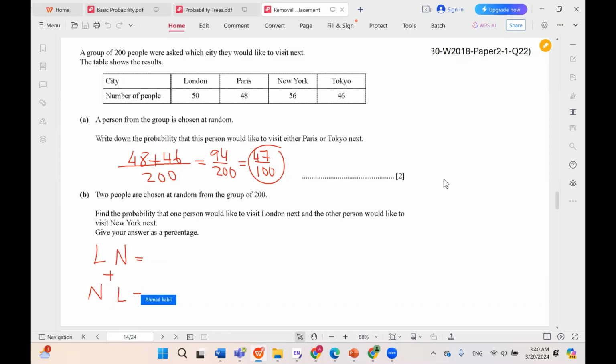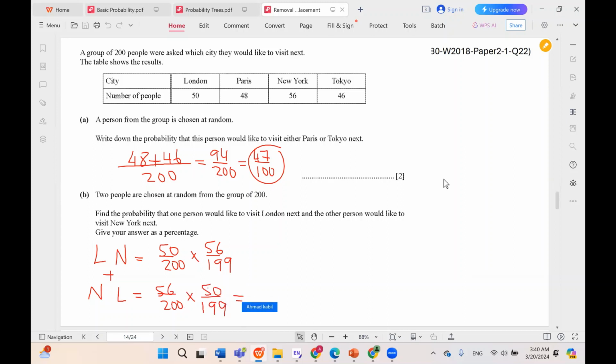So London followed by New York would be 50 over 200 times 56 over 199, or New York followed by London, which would be 56 over 200 multiplied by 50 over 199.